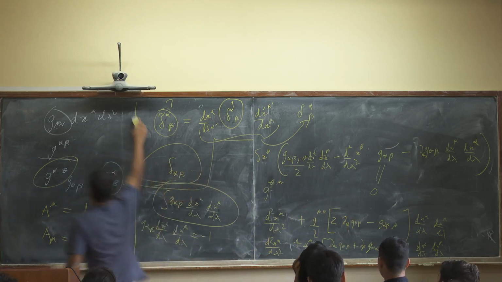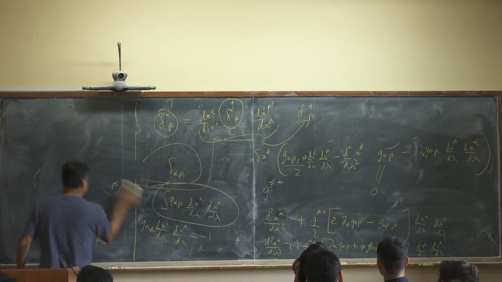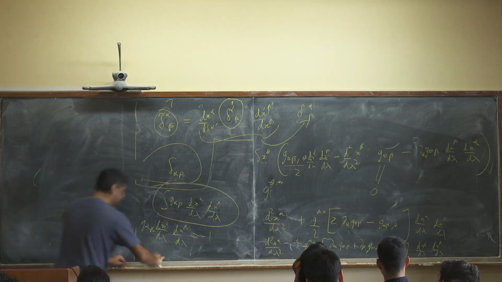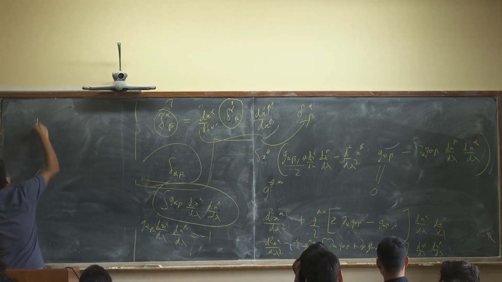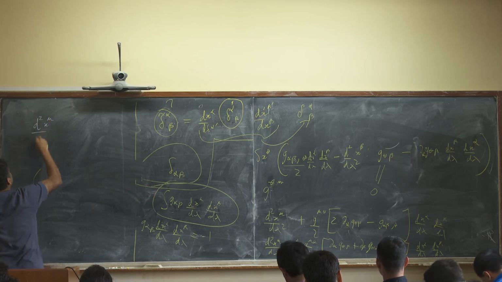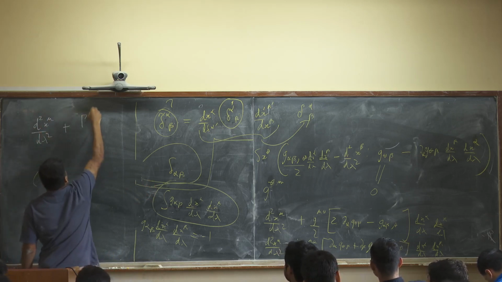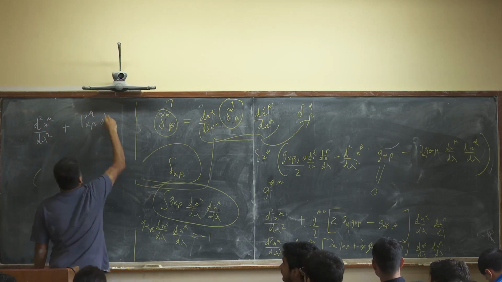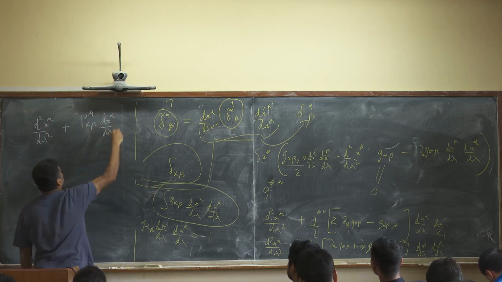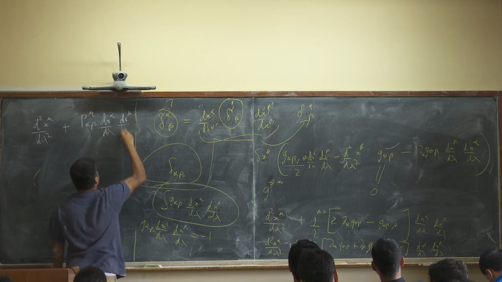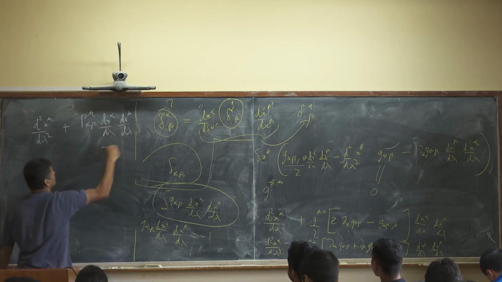Okay. So this equation is the same as d²x mu by d lambda squared plus gamma mu alpha beta dx alpha by d lambda dx beta by d lambda is equal to 0.